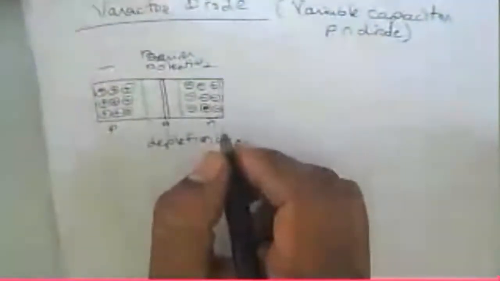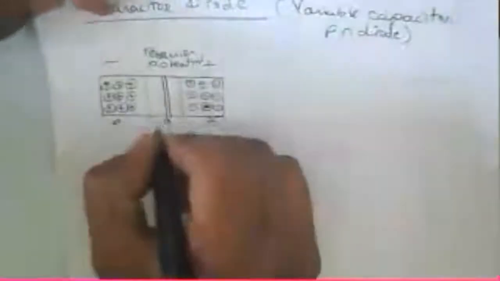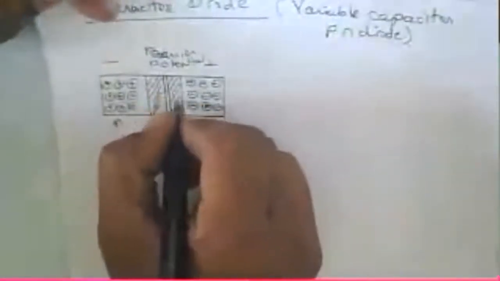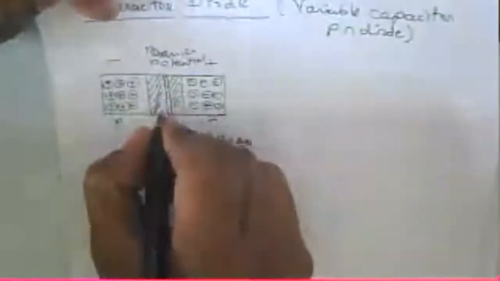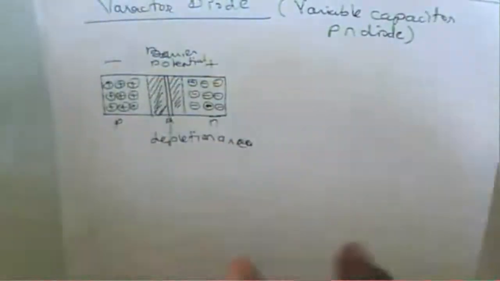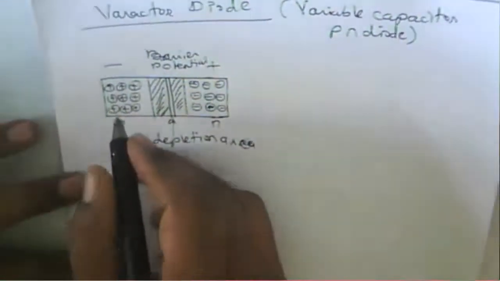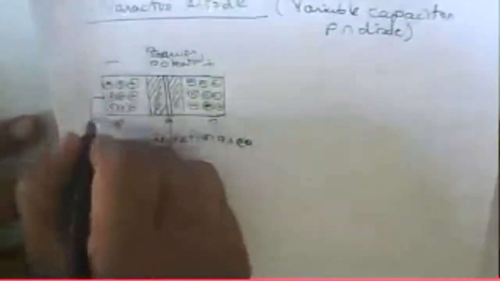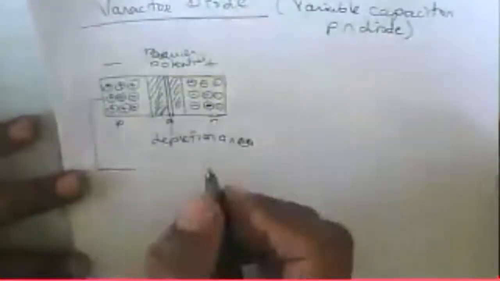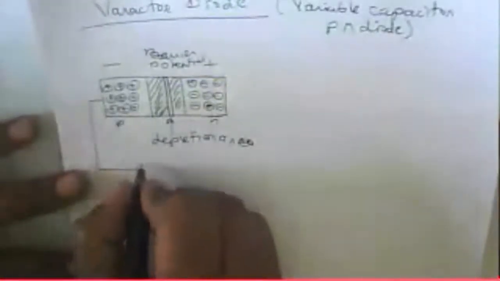Okay, so when we apply this, it is a P and this is a N. When we apply the bias to this particular junction, this depletion region varies.